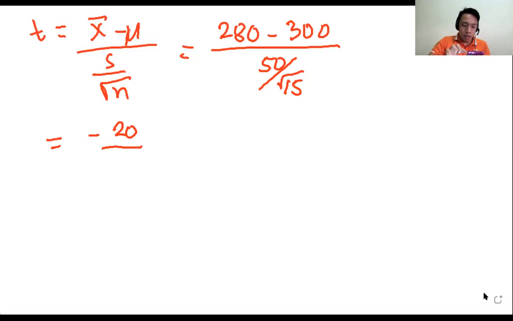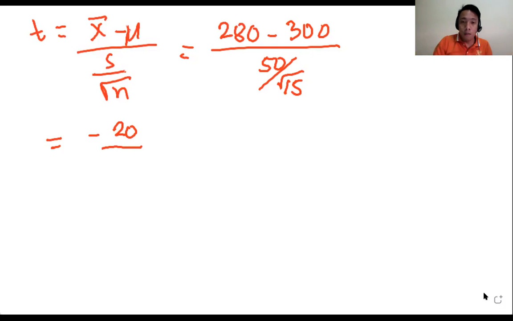50 over the square root of 15. Okay, so here is my answer for 50 over the square root of 15. I will round it off into 2 decimal places.